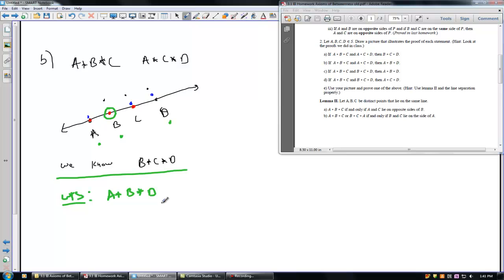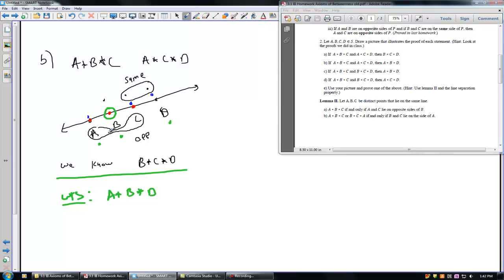A and D. And the way this one works, you can look at it here. The way this one works is that I know, from the last problem, that C and D are on the same side. And I know from assumption that these right here are on opposite sides.